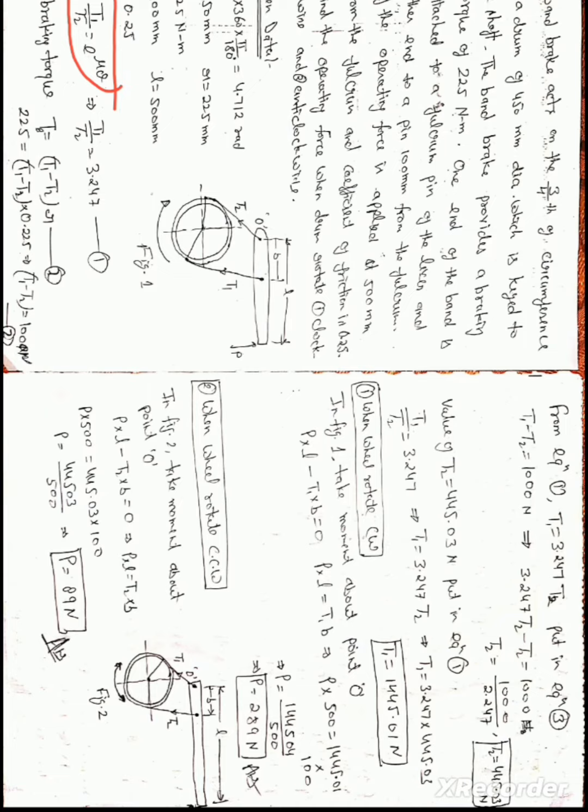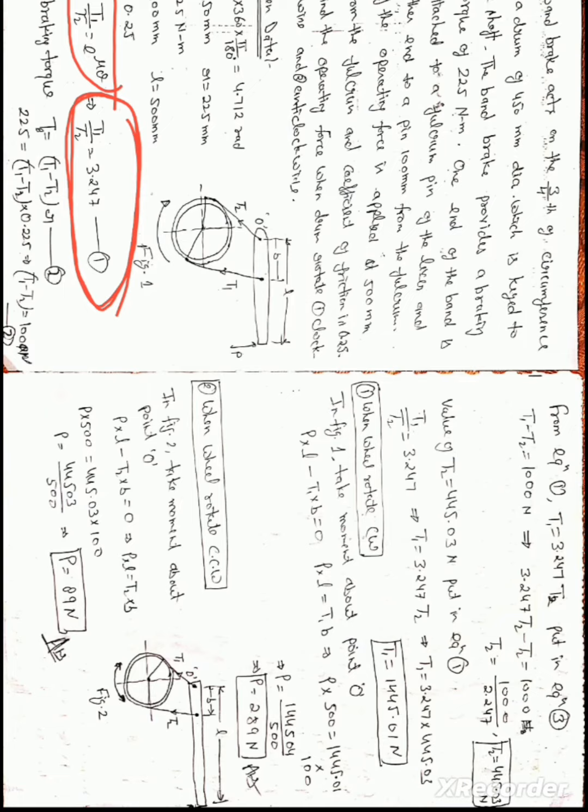Please carefully put the value of theta in radian, not in degree. Putting the values, we get the value of T1 upon T2 as 3.247, equation number 1.